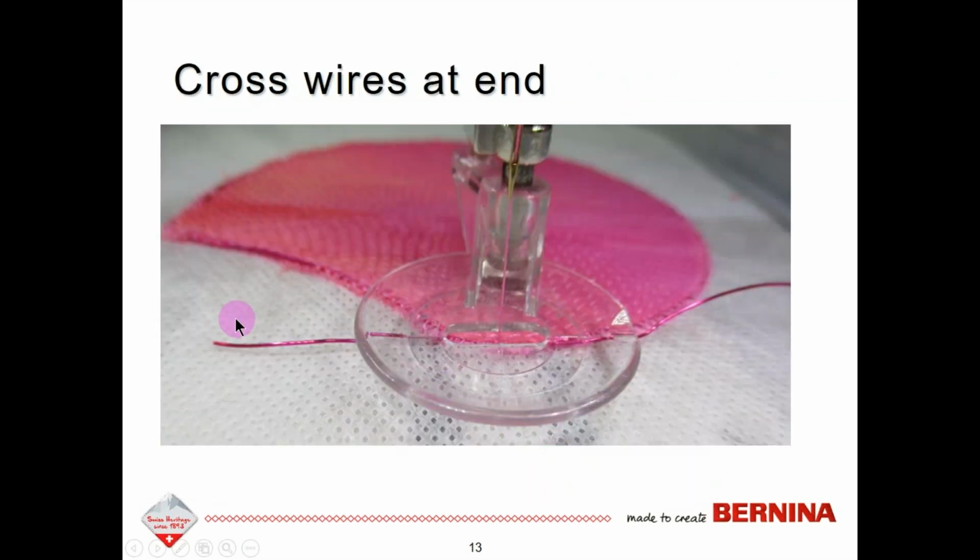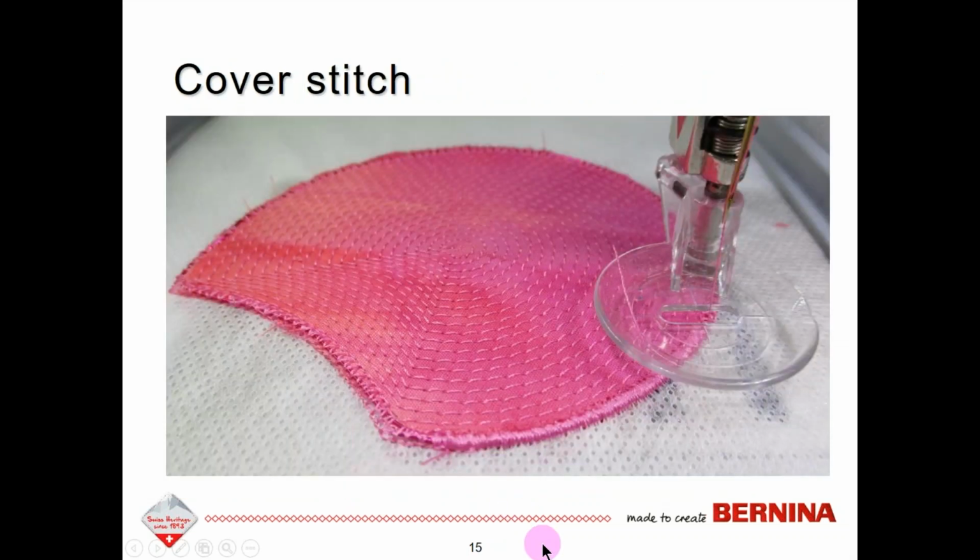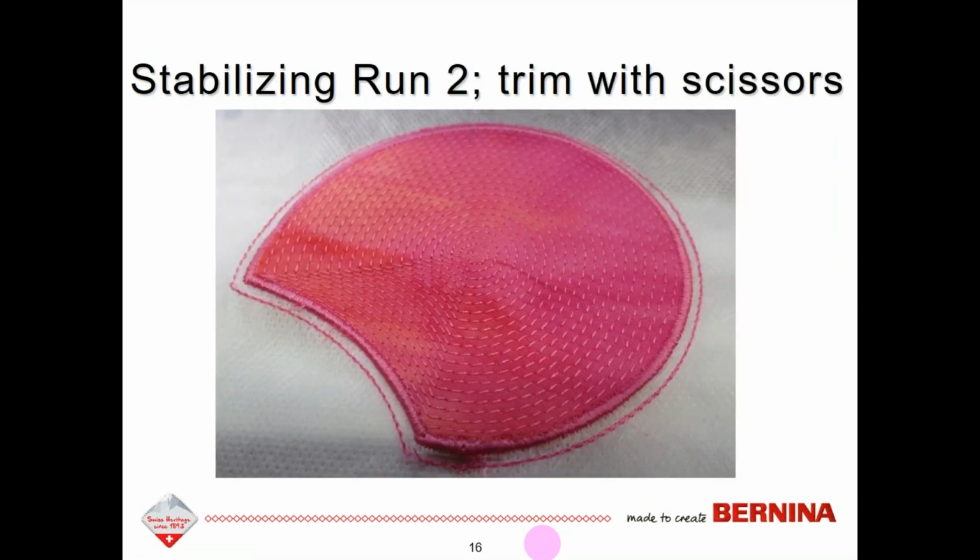When I come around to the end, I'm going to cross the wires and stitch over. And then when the machine stops, I will take wire cutters and clip close to the end of the wire. And then I'm ready to speed the machine back up, press the go button, and do the cover stitch as well as stabilizing run 2.